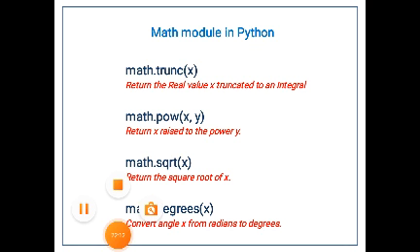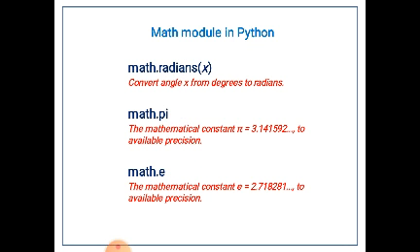Math.sqrt(x). Math.degrees(x). Math.radians(x). Math.pi, which gives us the mathematical constant pi, and math.e, which gives us the mathematical constant e for the available precision.